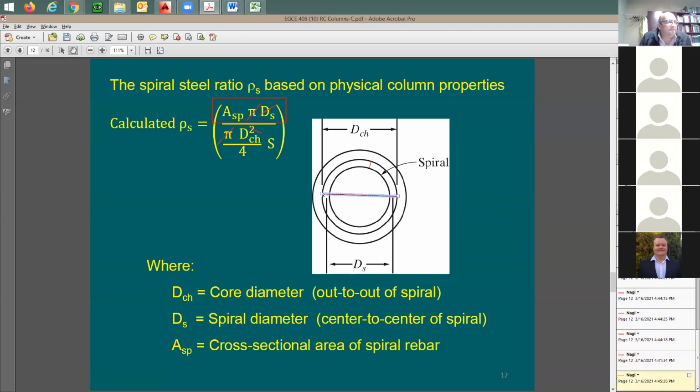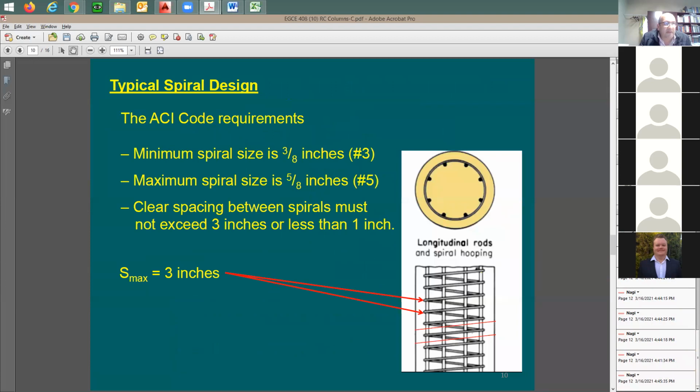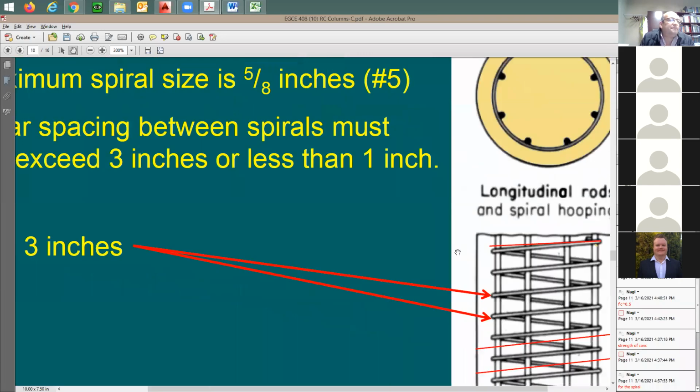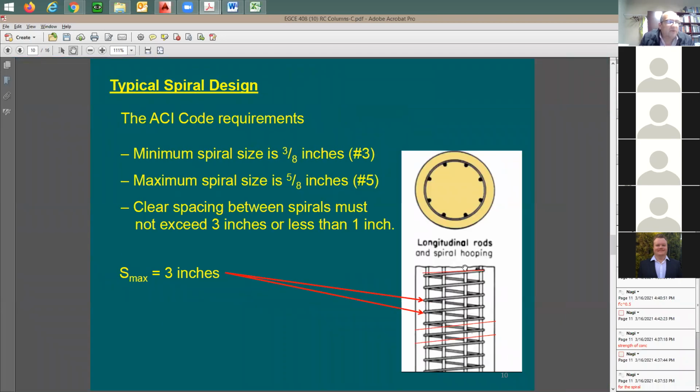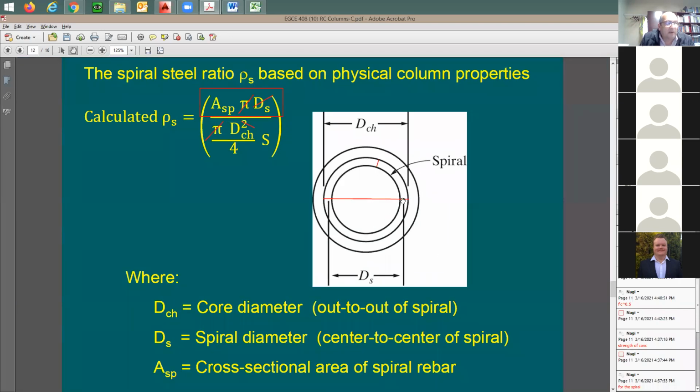I'm going to say the volume of the concrete is equal to Dch multiplied by the height S, because height S is going to be in that direction. So I'm taking the length from here to there, right? And this spacing is going to be equal to S. This is the cross-section area of the concrete. And how many spirals do I cut through here? I'm cutting through 1 and then 2.